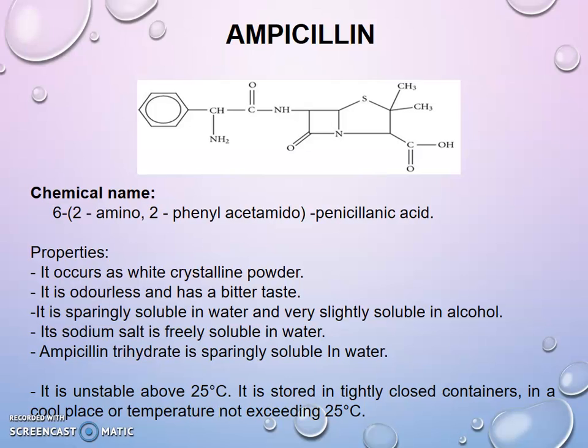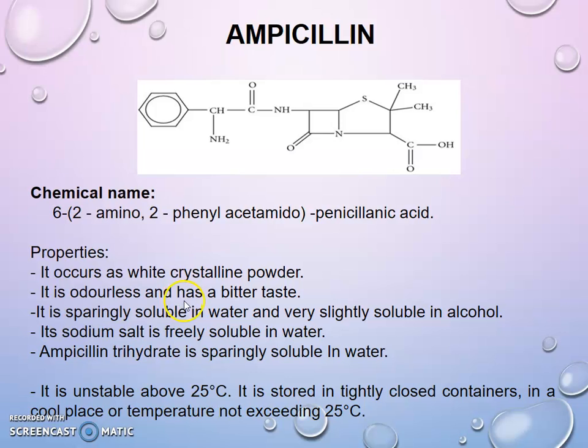Next drug is Ampicillin. This is the structure of Ampicillin, in which the R group is substituted by an alpha-aminobenzyl group. Chemical name is 6-(2-amino-2-phenylacetamido)penicillanic acid. Property: it occurs as white crystalline powder.